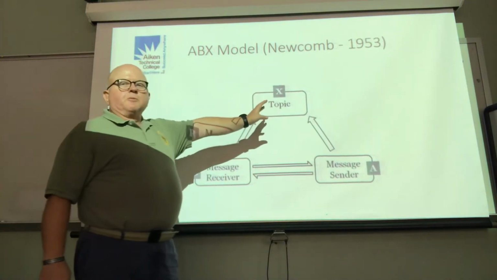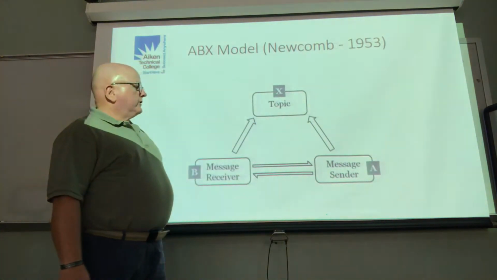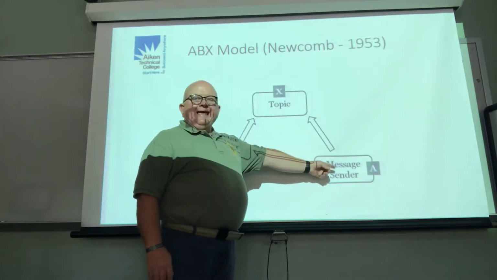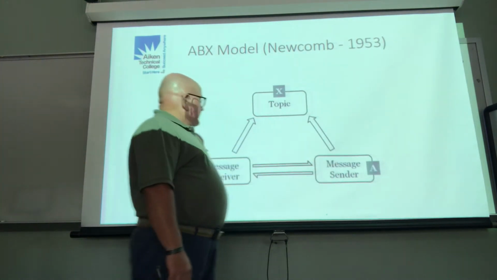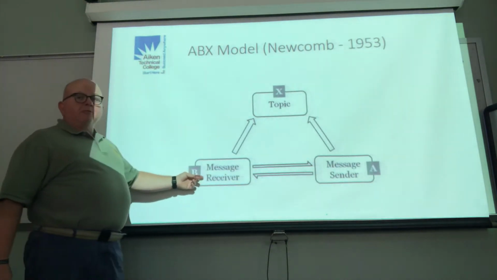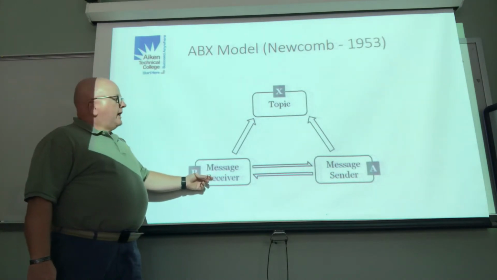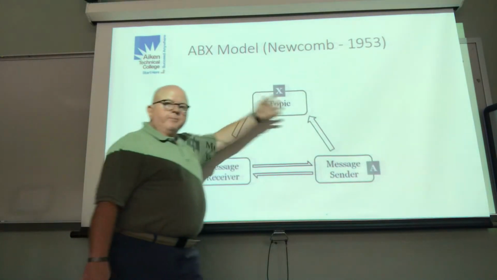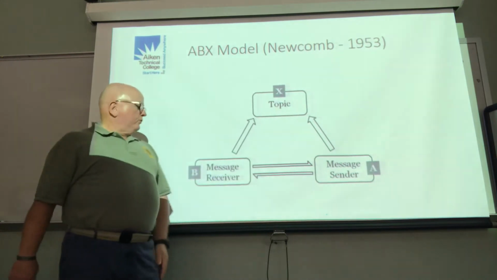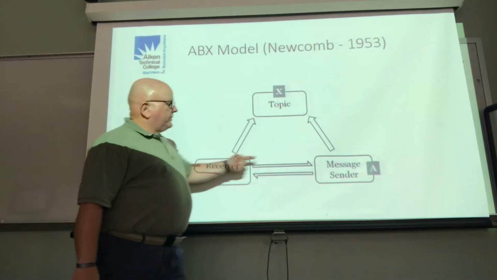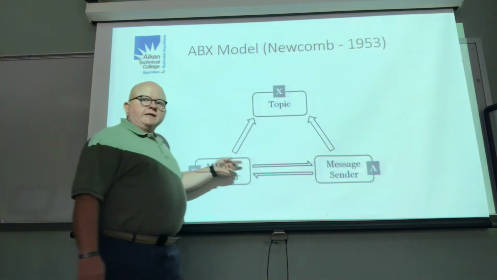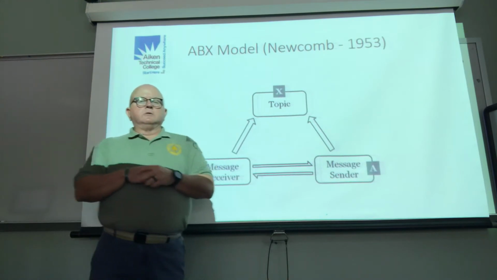Topic can also be interpreted here as context. Okay? So the message that A encodes or thinks he's given is not necessarily the message that B receives. And then the context and the topic provide an environment for them to work through. And as you can see through the arrows, it's constantly a back and forth in engagement.